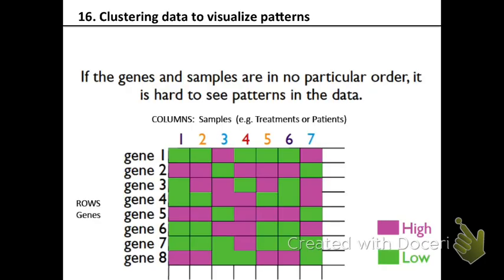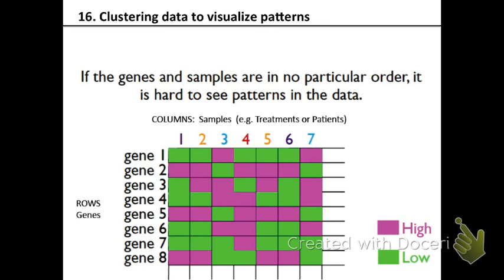So let's say in this example, in this data matrix, we have 8 genes, and we analyze the expression in 7 people. A few of these people were patients, whatever patients they were, and a few of them were normal.